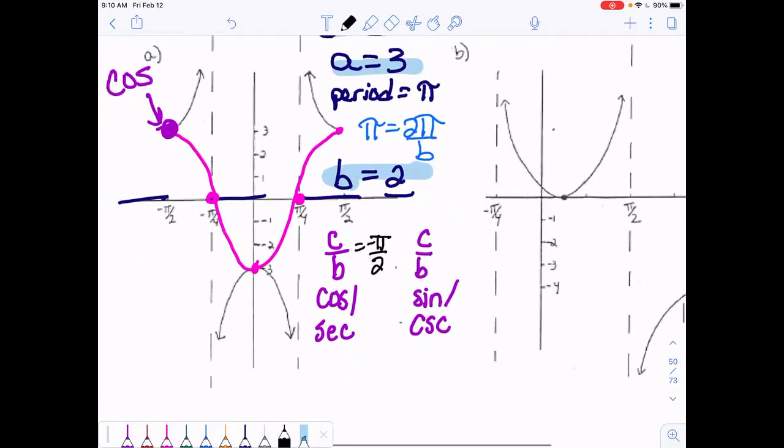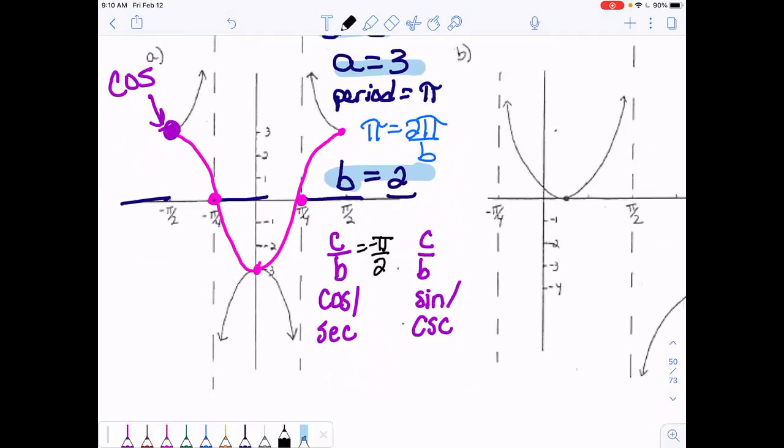The sine starts in the middle. There are 2 points on here, they're at the middle. I have one on the left and one on the right. The sine function goes up high and then it goes down low. So when you're looking for the phase shift of sine, you need to find the middle point. And after that middle point, where does it go up? Because that's what a sine function does.